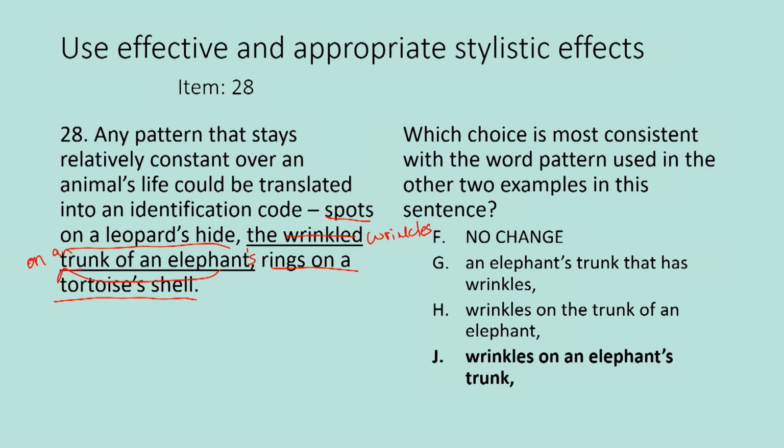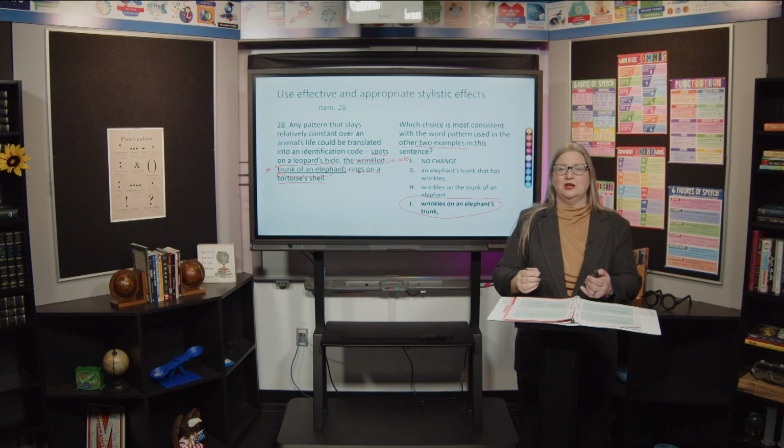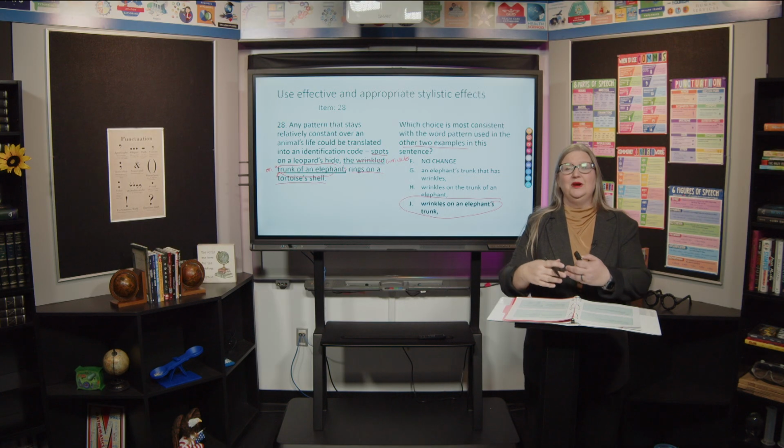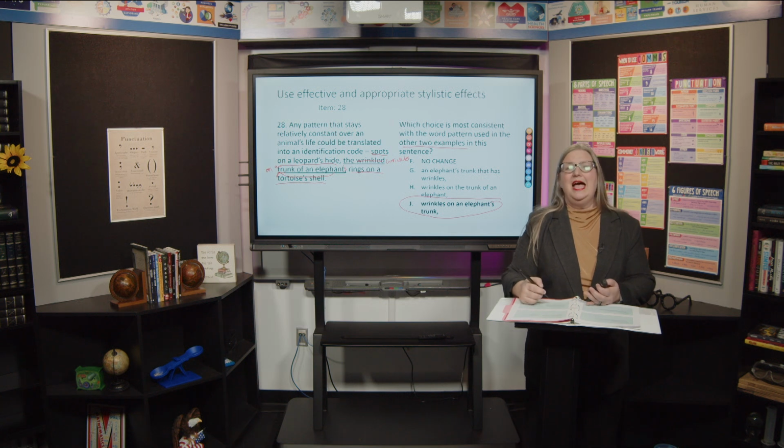All right, so where is that? Wrinkles on an elephant's trunk. It tells you where to go. It says which choice is most consistent with the other two examples. So you need to look at those other two examples to see how they are written, and then I want to write this one in that same style, okay?